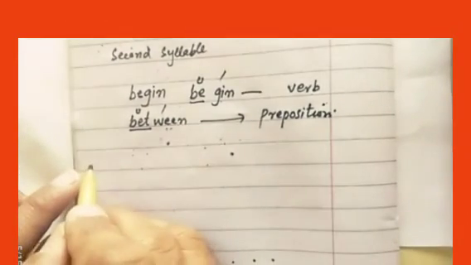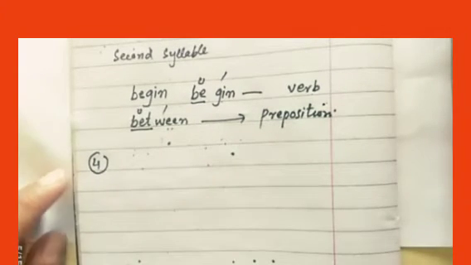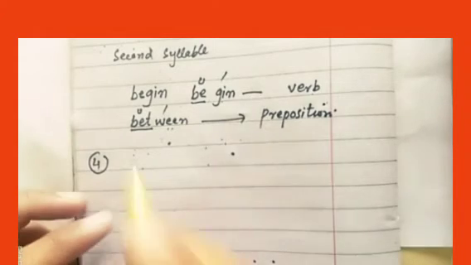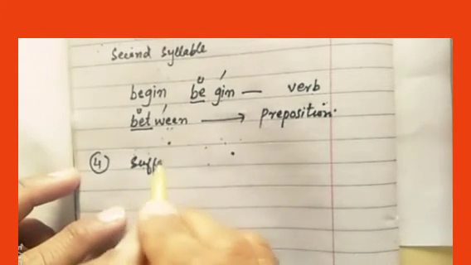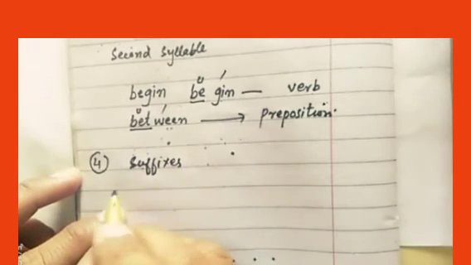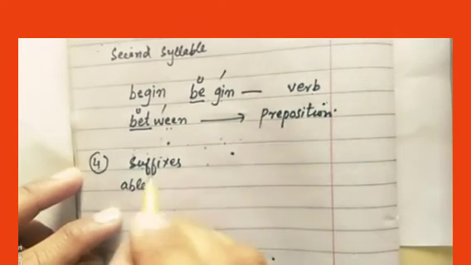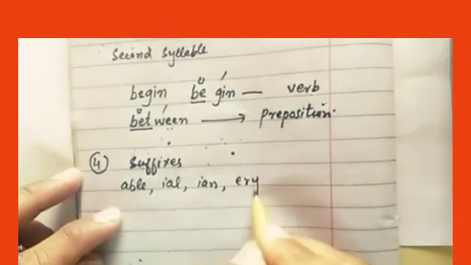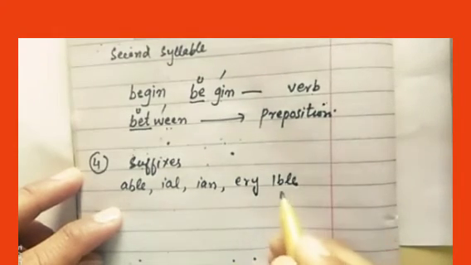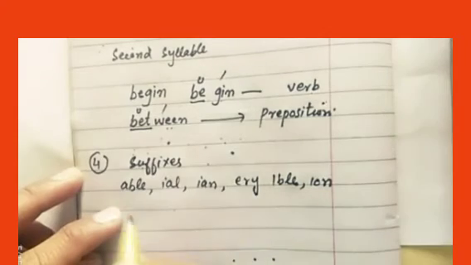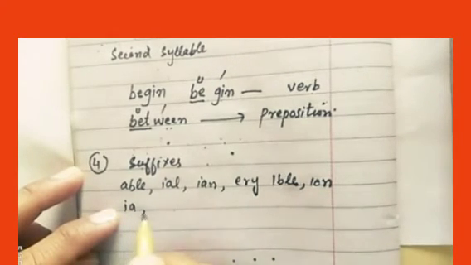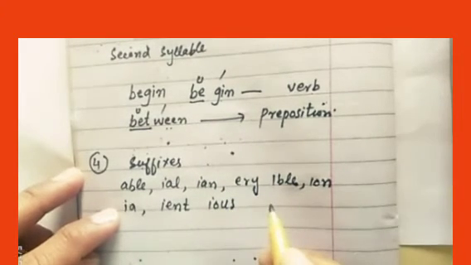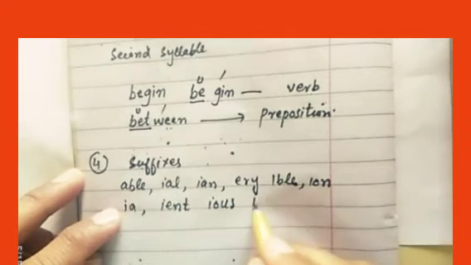Rule number four is words having some suffixes like able, ial, ian, ery, ible, ion, ia, ient, ious, and tion.